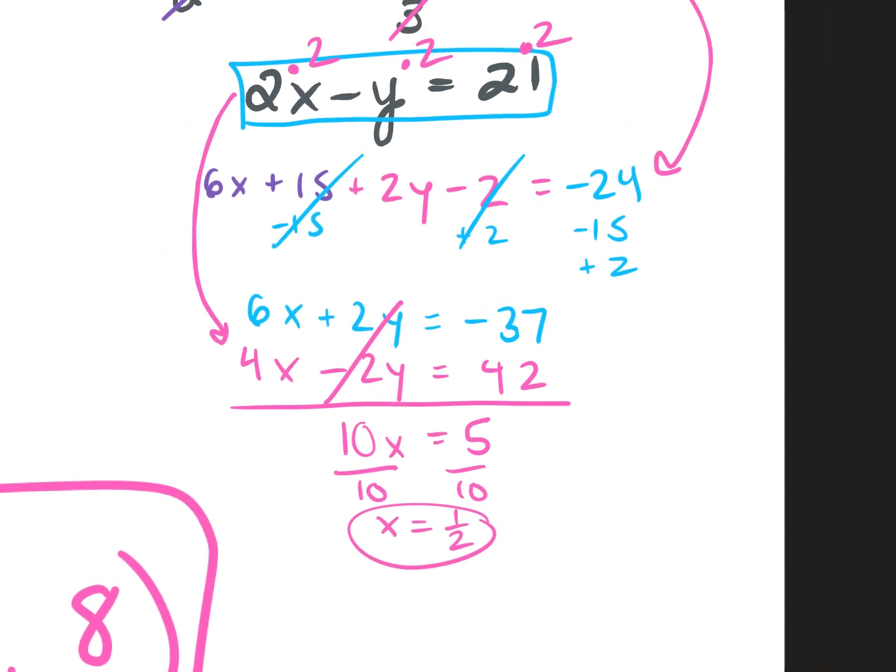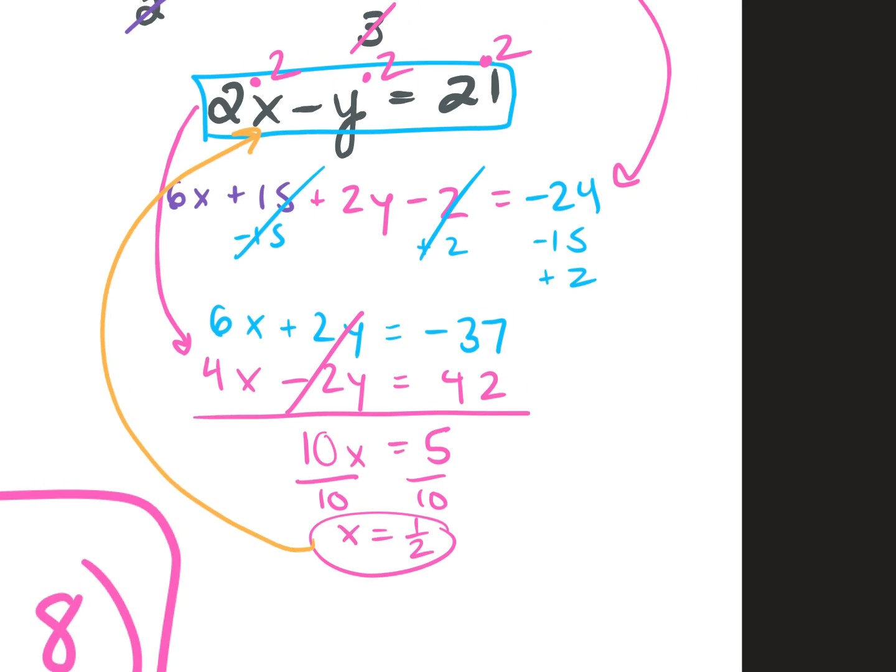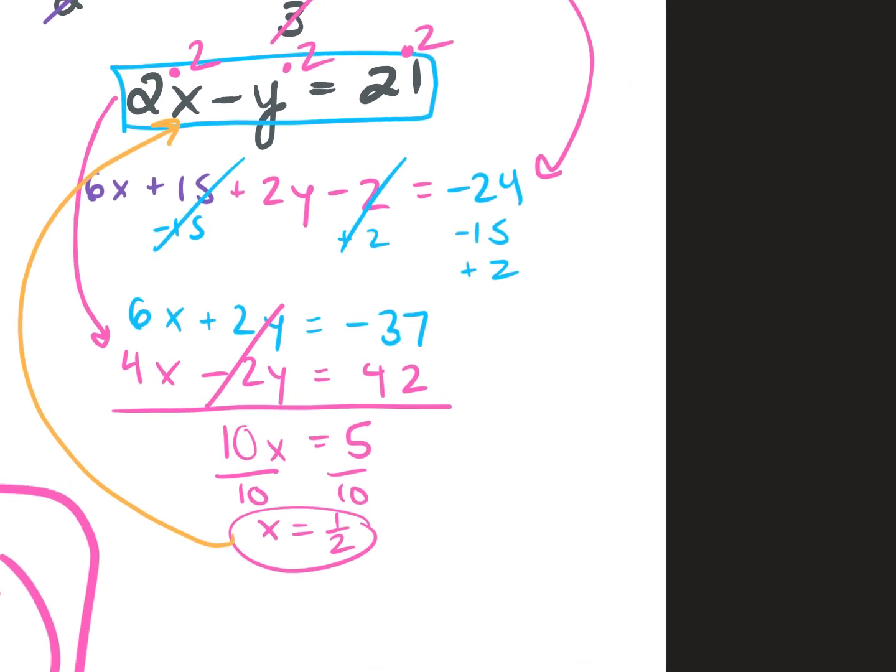Am I done? Nope. What do I have to do next? Plug it in. I'm going to plug it into the second equation here. So I have 2x, so 2 times 1/2, minus y is equal to 21. What is 2 times 1/2? 1. 1 minus y is equal to 21. Subtract 1.